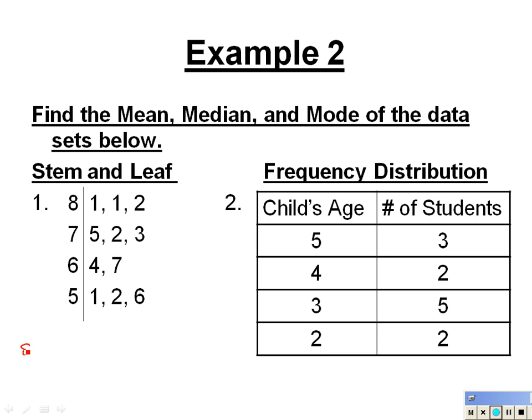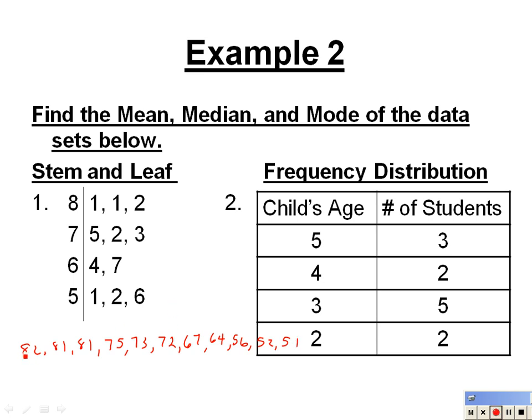So we have 82, 81, 81, 75, 73, 72, 67, 64, 56, 52, and 51. Okay, so we want to find the middle number.